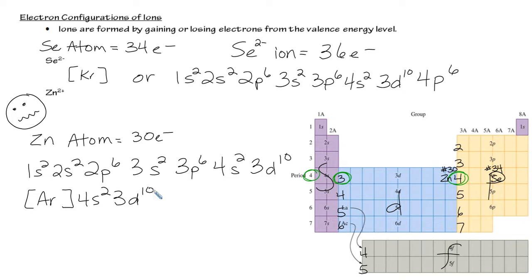Okay, so here's the most common wrong answer. People are like, I get it, I'm super smart. Plus 2 means to lose 2 electrons. All right, so you know what they do. They go like this. Okay, so here's the zinc atom.